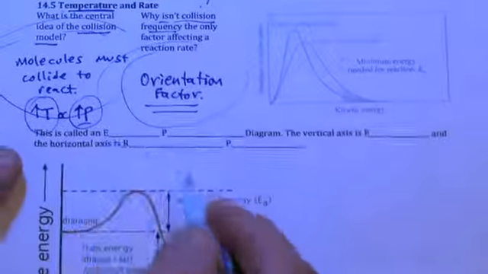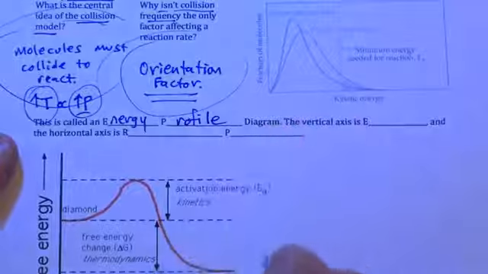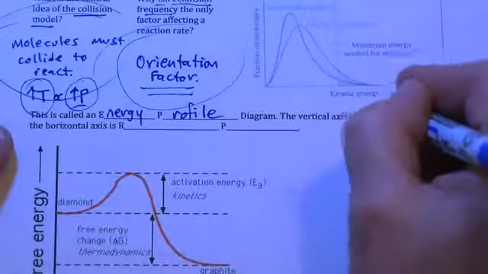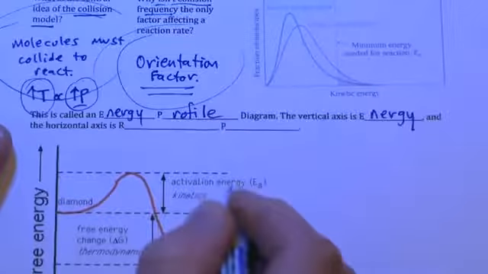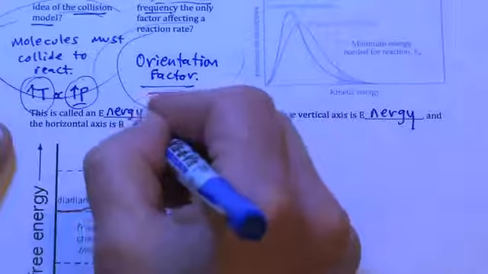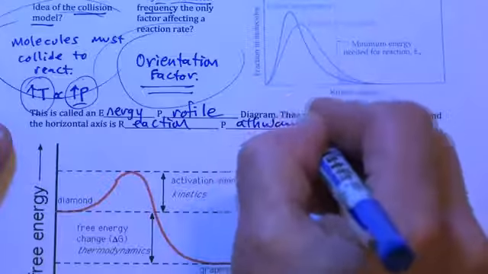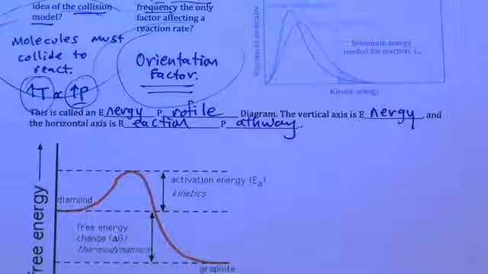This is called an energy profile diagram. The vertical axis of an energy profile diagram is the energy, and the horizontal axis is what's called the reaction pathway, many times analogous to the time that it takes for a reaction to occur.